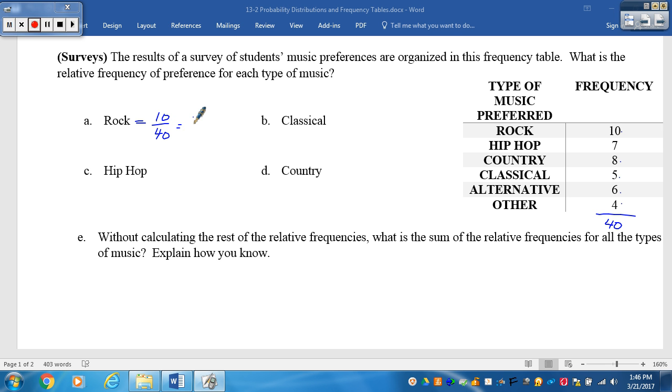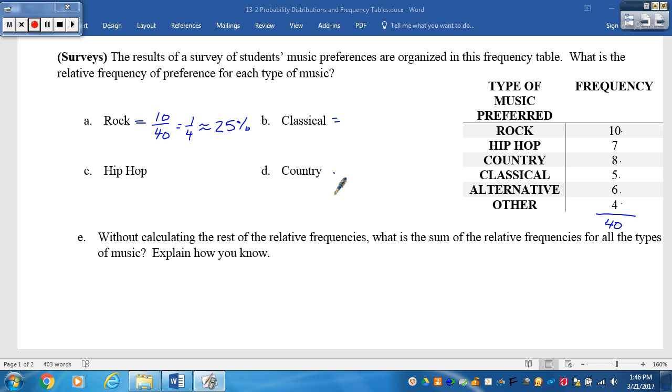I would get in the habit of always reducing your fractions, so that's 1/4, and you can write this as a percent as well. There's a 25% chance someone who walks by is going to choose rock, based off this survey. You could probably answer the next 3 pretty quickly and easily now that you know what's going on, and I'd encourage you to do that.